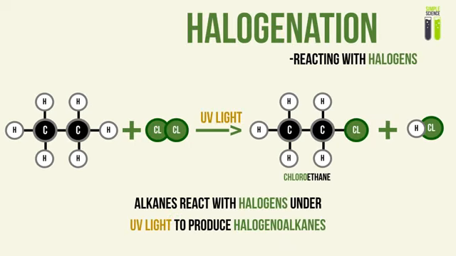The other reaction that alkanes can undergo is known as halogenation, or reacting with halogens, the substitution of a halogen. In this case, we have ethane reacting with the diatomic molecule of chlorine to produce chloroethane, and the byproduct hydrogen chloride. This reaction must take place under UV light.